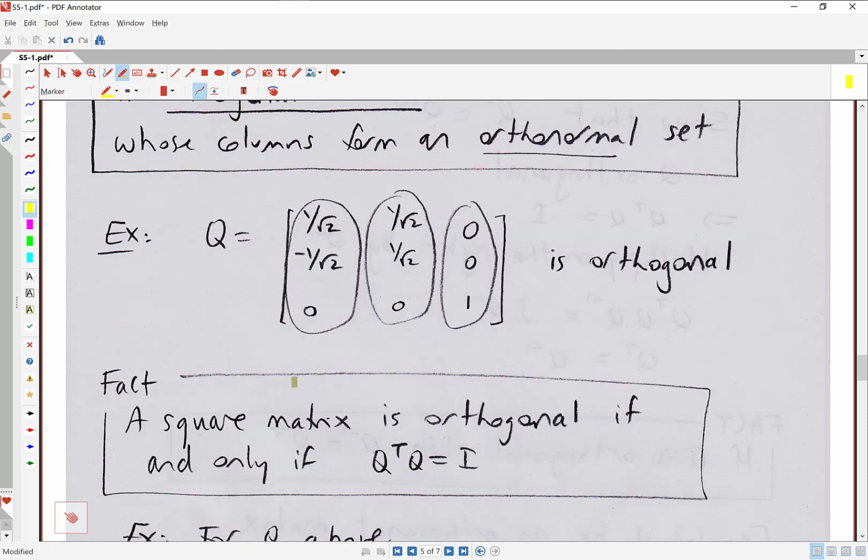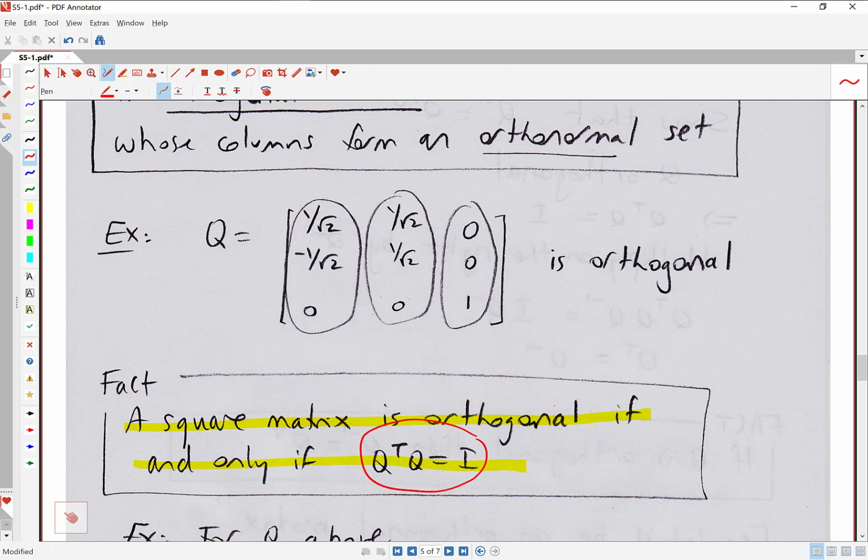So here's a fact that will let us quickly check whether a matrix is orthogonal. The fact says that a square matrix is orthogonal if and only if the following equation is true: Q transpose times Q equals I. So if we know this equation is true, then we know our matrix is orthogonal.